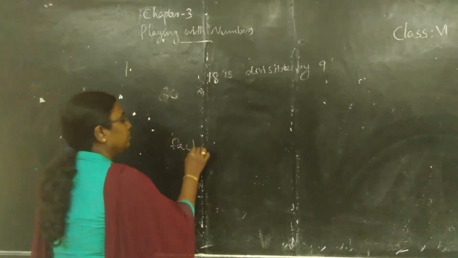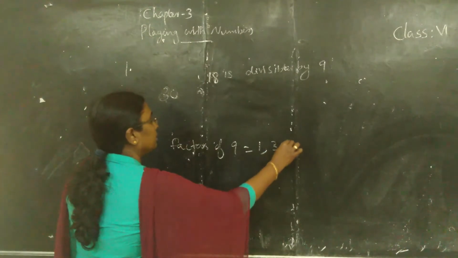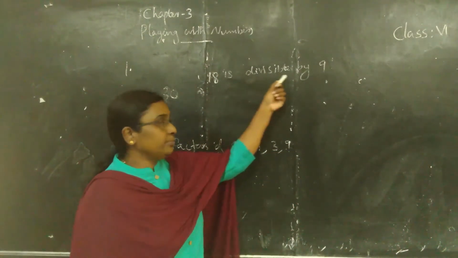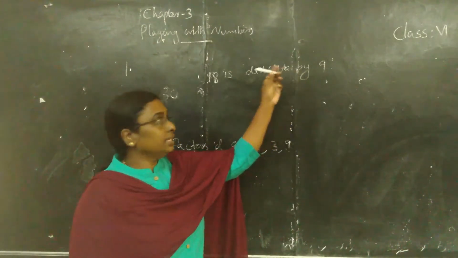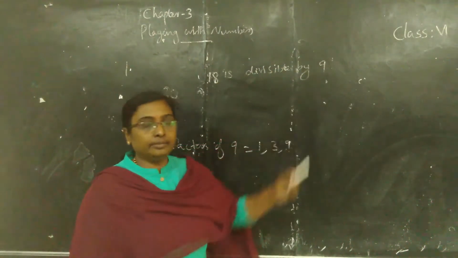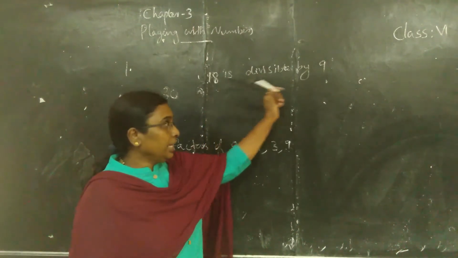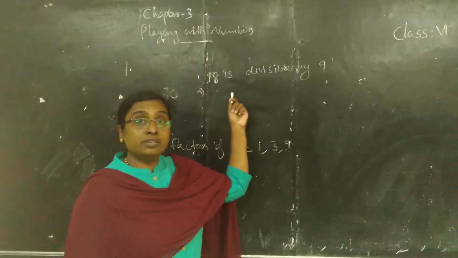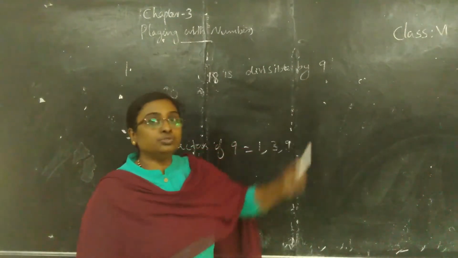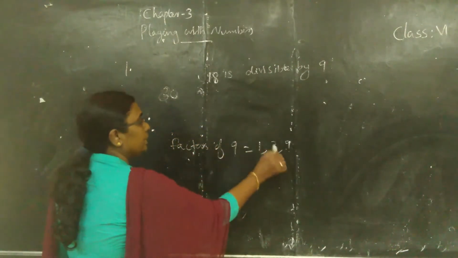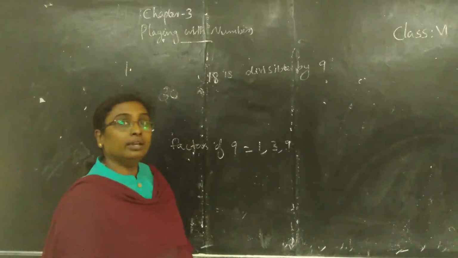Factors of 9: 1, 3, 9. This rule states that if 18 is divisible by 9, then 18 is divisible by each factor of 9. That is, 18 is divisible by 1, 18 is divisible by 3 and 18 is divisible by 9.